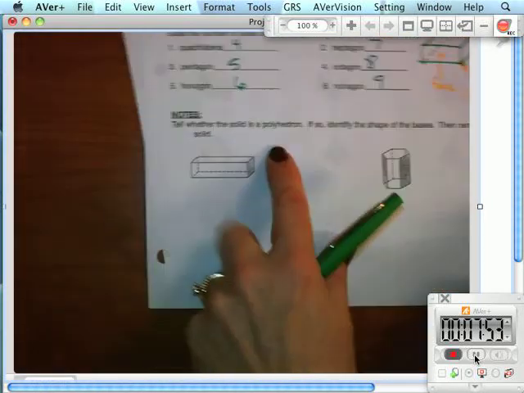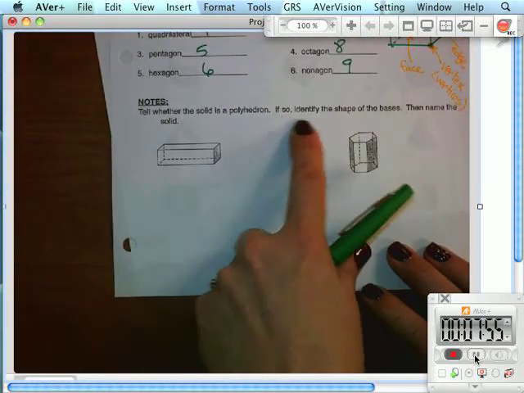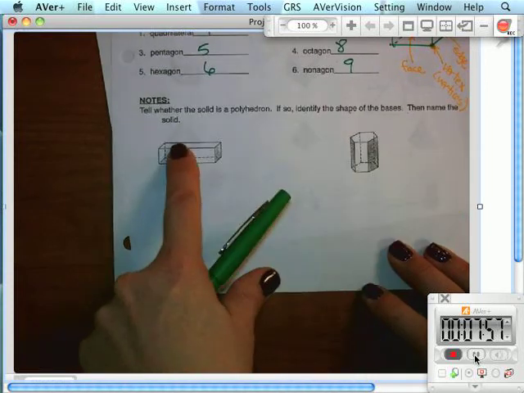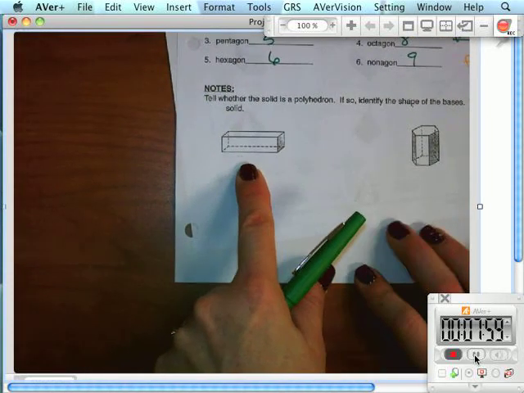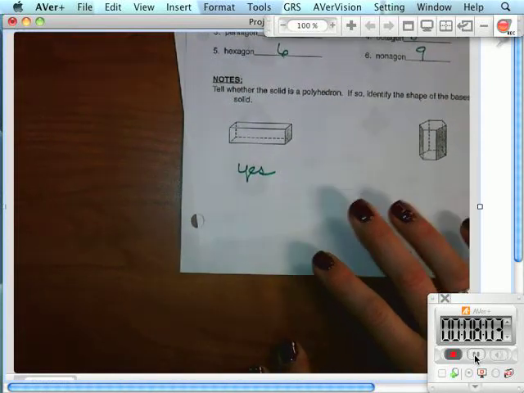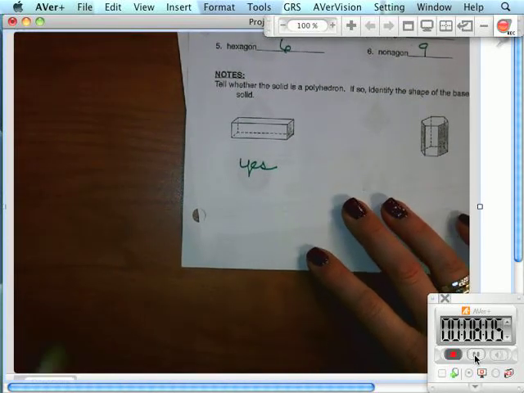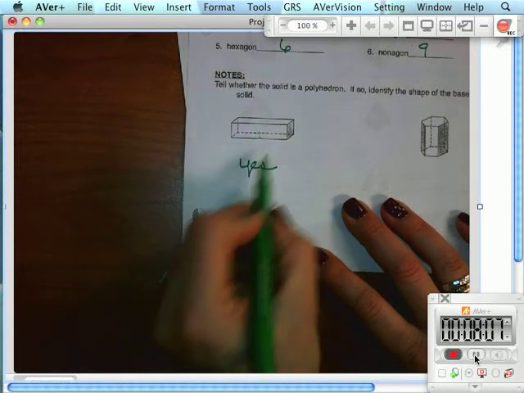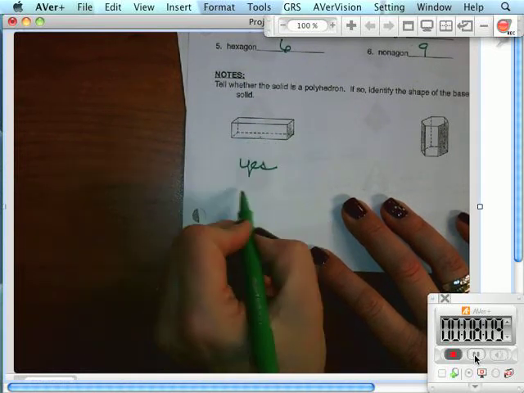and do this. Tell whether the solid is a polyhedron. If so, identify the shape of the bases, then name the solid. Is this a polyhedron? Yes. What is the shape of its base? A rectangle. It doesn't matter what you choose here. I'll just say it's sitting on its base, which is a rectangle.